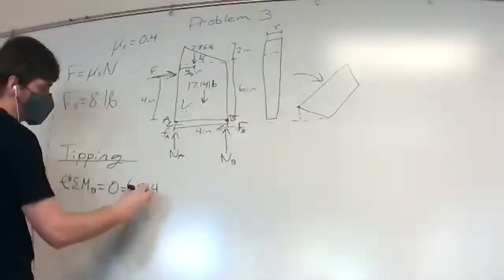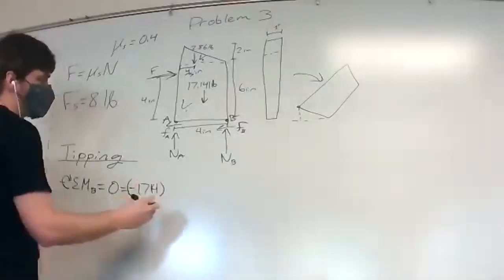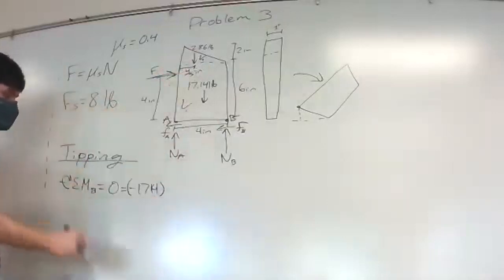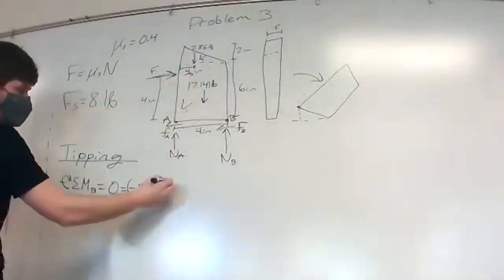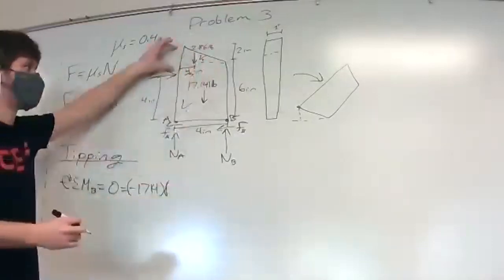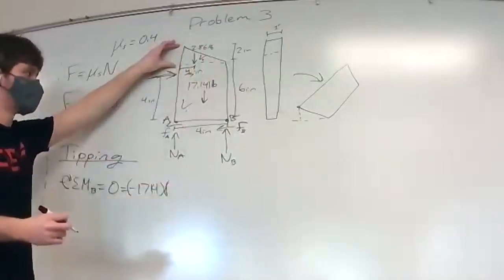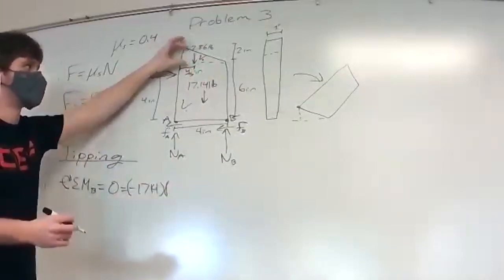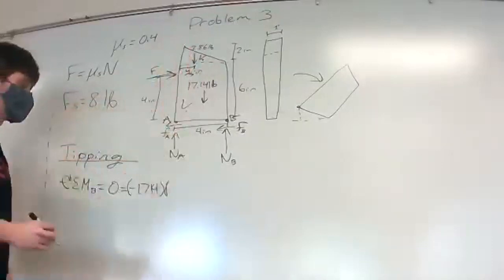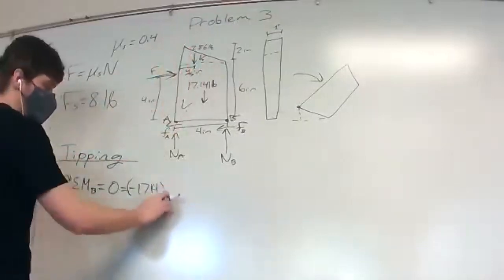And this is why splitting it into pieces becomes important, because this weight is at a different location than this weight. So if the entire thing were rectangular, you wouldn't have to worry about splitting it. But because we have a different kind of shape up here, this centralized weight, when you turn it into a point load, is going to be at a different location.